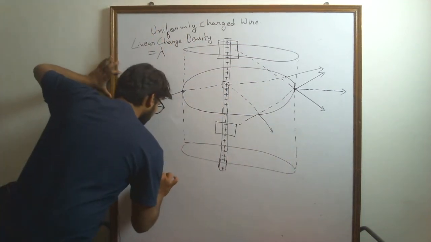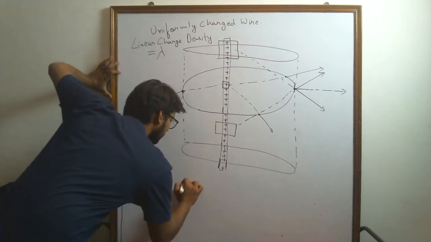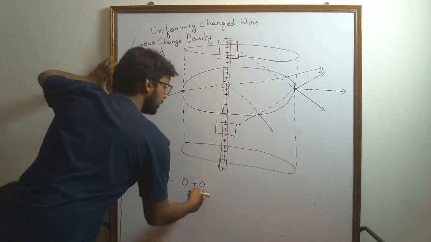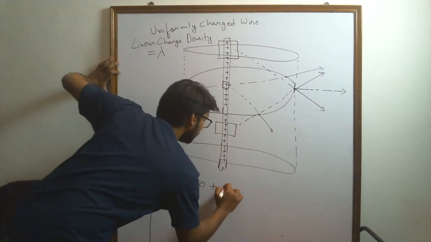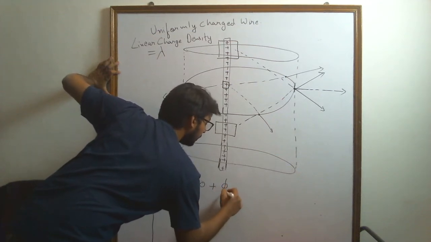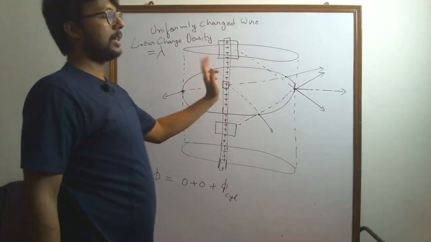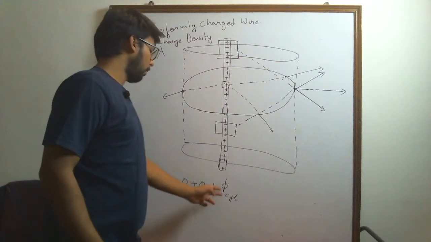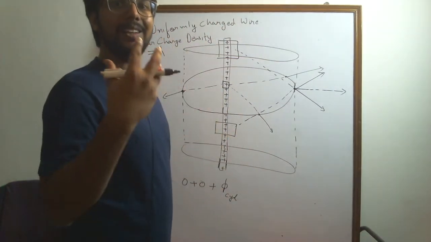So the electric field or the flux passing through both of these surfaces is 0. So the flux will be 0 plus 0, which is for the top and bottom surfaces, plus the flux of the cylinder, right? Now, how much will this be? Flux is equal to electric field into the area.